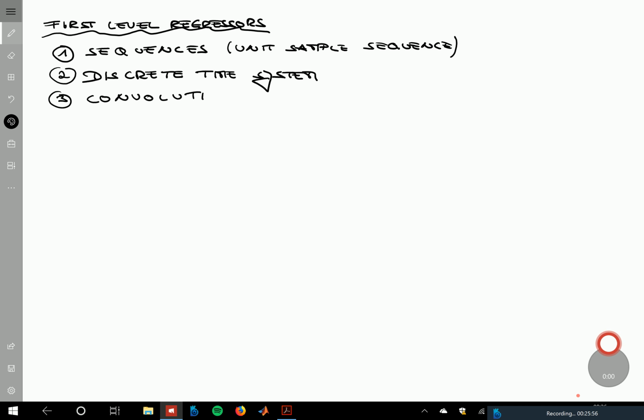This will then allow us, once we talk about discrete time systems, and specifically linear and time invariant ones, to talk about convolution, and then make explicit what this process of going from stimulus onset functions to predicting MR series means.